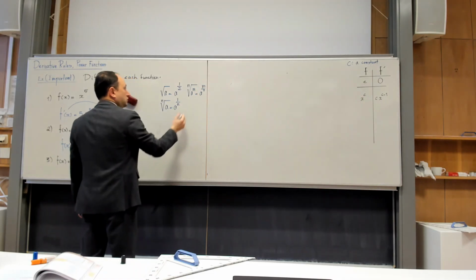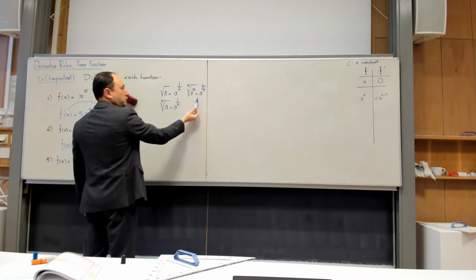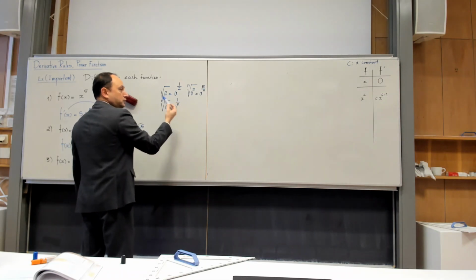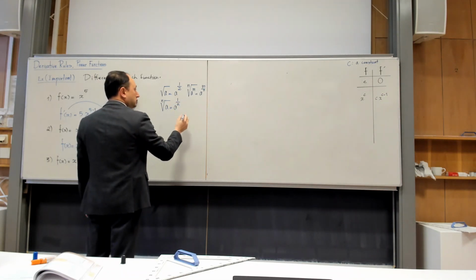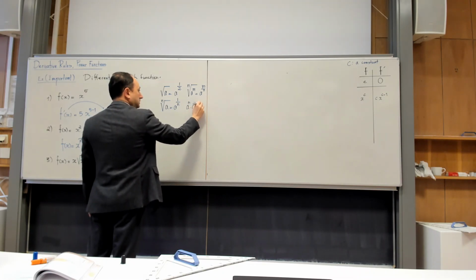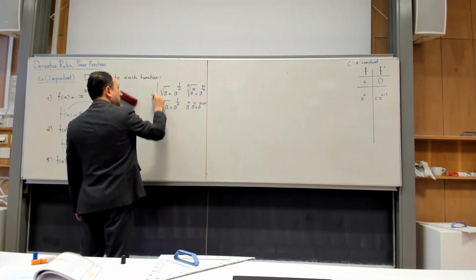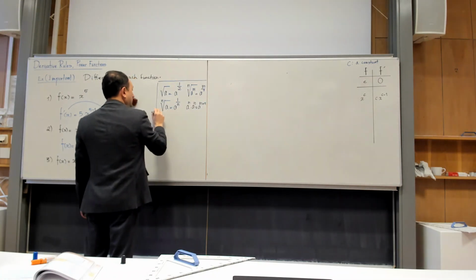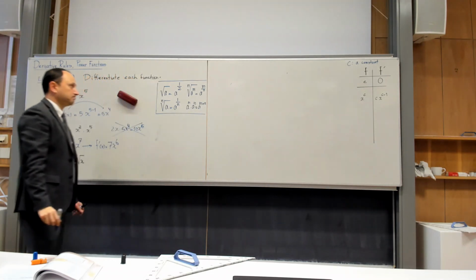Of course, you can always only memorize this one. This will work for this one and this one as well. And then I want you to memorize this formula of the power rules, yes? By now, you should have them in your memory, yes?